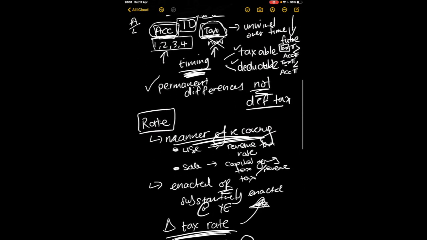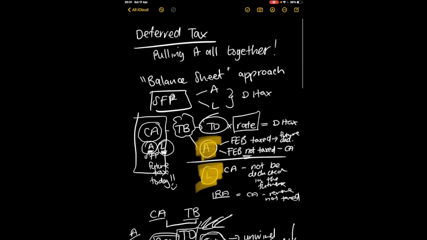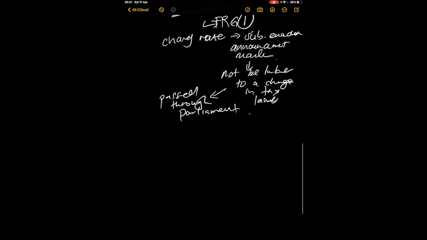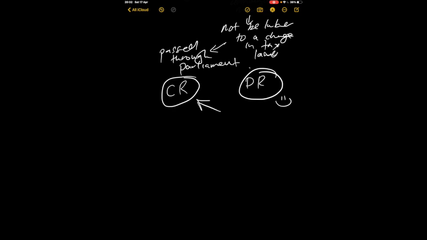Okay, what's next? Let's go back over here. It's then calculating our deferred tax. Once we calculate our deferred tax, remember it can be either a liability or an asset. For now, we're not going to deal with assets. We're going to talk about assets later, but let's just think about this liability.